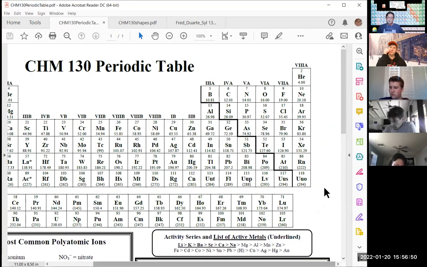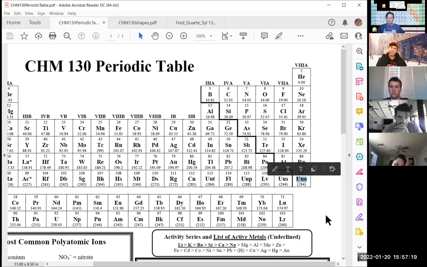The one we have here is not updated, but all the elements have been discovered now, up to 118. They're working on finding some more, but on the table we have for you, numbers 115, 117, and 118, down here in the bottom right, have generic symbols. They have been given official names now. They were discovered, I believe, in 2015, when the rest of the table was filled up.